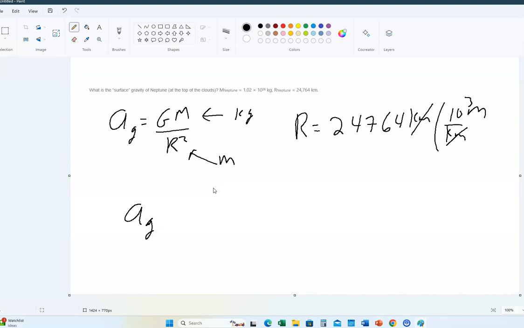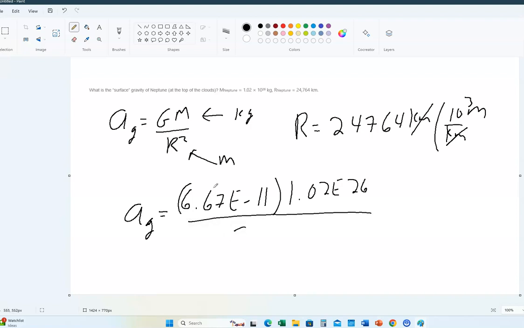So the acceleration due to gravity at the tops of the clouds is going to be big G, which is always the same number, 6.67 times 10 to the minus 11th, times the mass of Neptune, which is 1.02 times 10 to the 26th kilograms, divided by 24,764 times 10 to the third.